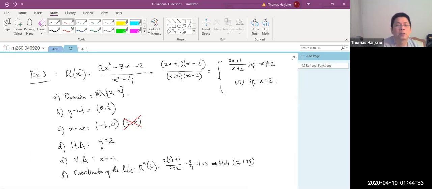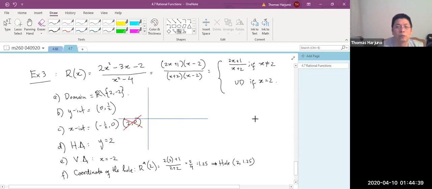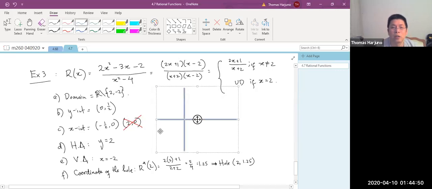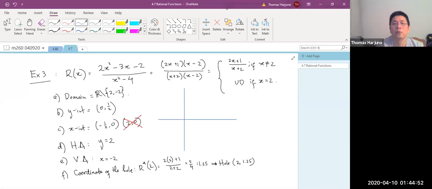Okay, let's try to sketch the graph. Hold on, shouldn't it be -2?